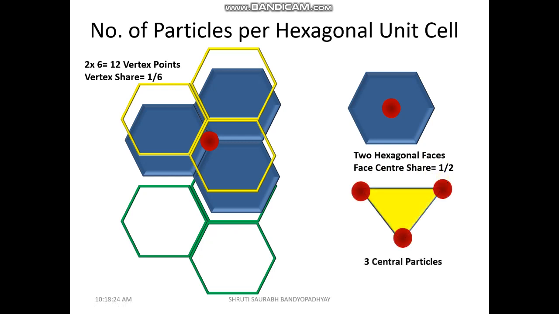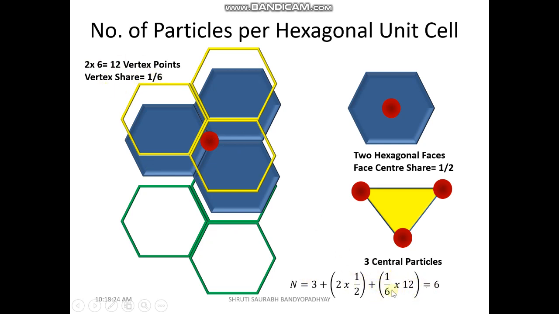And what about the 3 central particles which are at the vertex points of one regular triangle? Full contribution, so there will be 3 central particles. Now the contribution will be 3 from this triangle, 2 multiplied by half from these hexagonal faces, and 1/6 multiplied by 12 from the vertex particles at the faces.